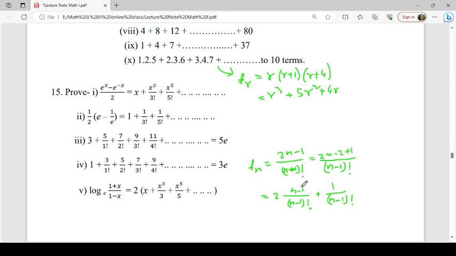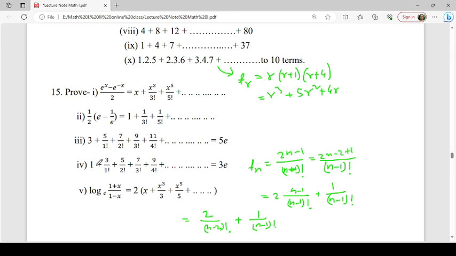So this n minus 1 cancels, and this is equal to 2 by n minus 2 factorial plus 1 by n minus 1 factorial.